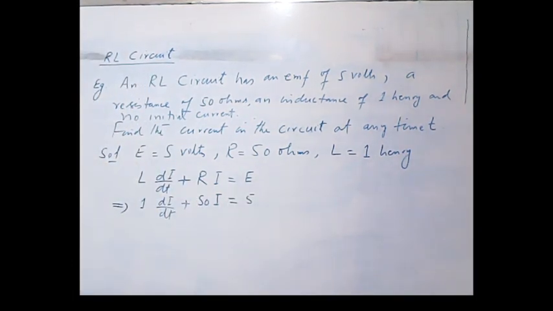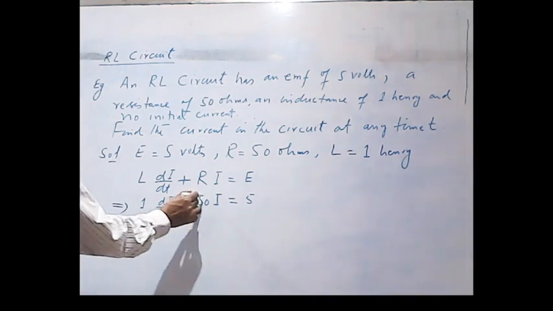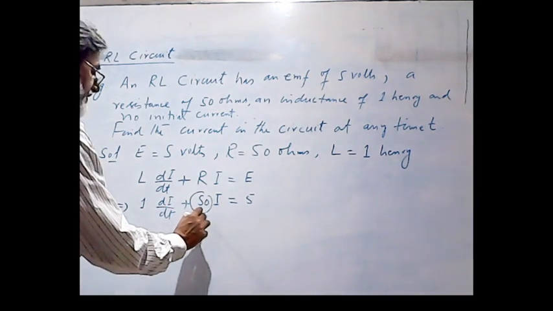There is no need to divide the whole equation by 1. Our standard linear form dy by dx has coefficient 1, so this is just to show you L is equal to 1; otherwise there's no need to write 1. So this is our standard linear form, and this 50 is P of t.